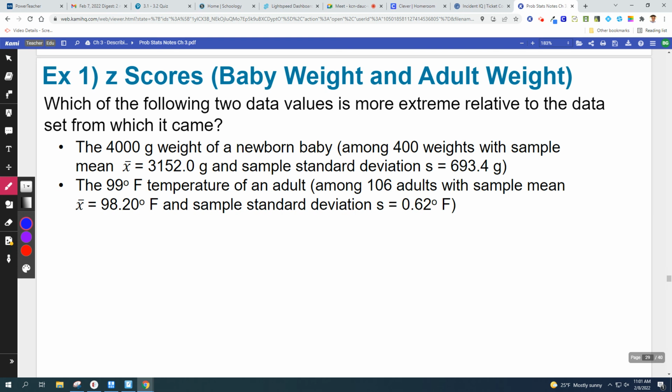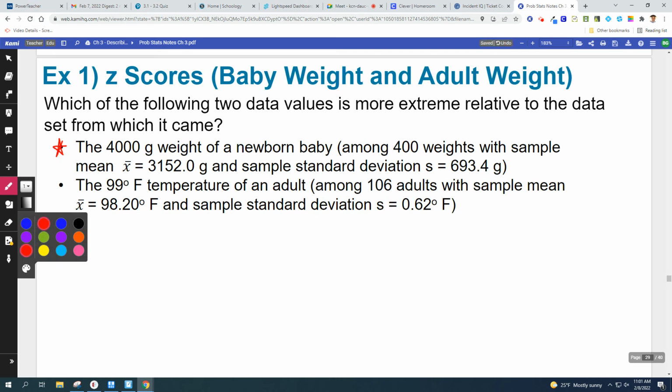Example 1. Which of the following 2 data values is more extreme relative to the data set from which it came? So you've got two different things to look at. Let's look at this one first.